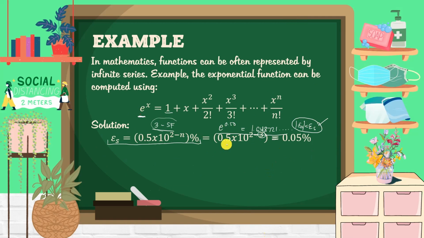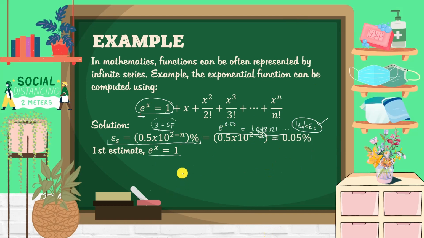The first estimate is simple, equal to the Maclaurin series with a single term. Thus, the first term is equal to 1. This will be the first estimate, simply the single term.